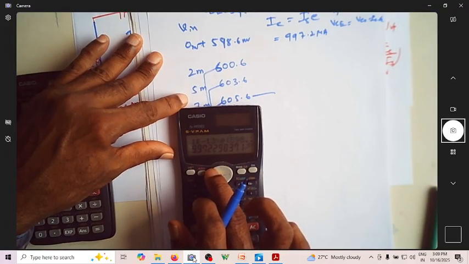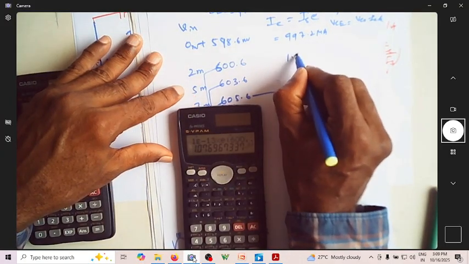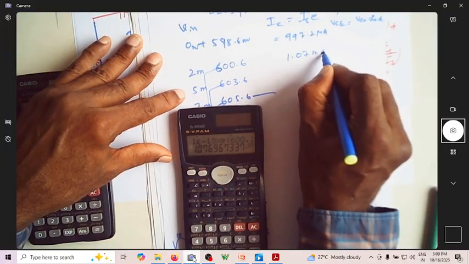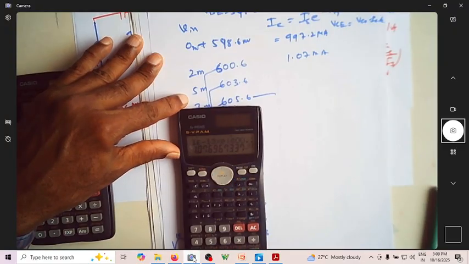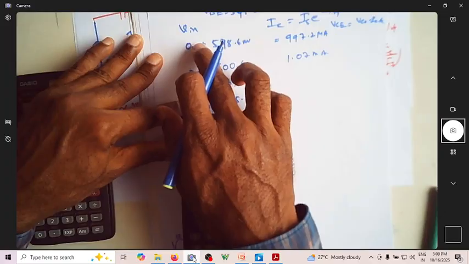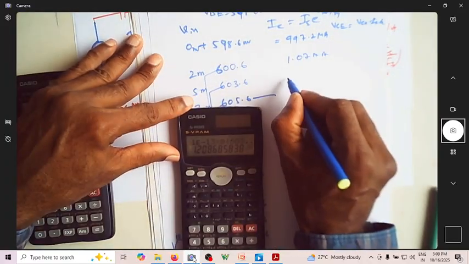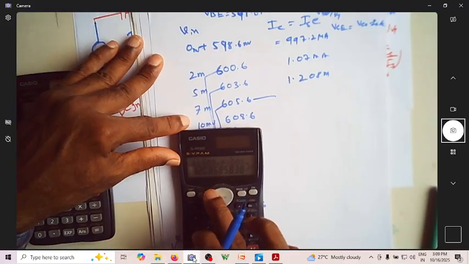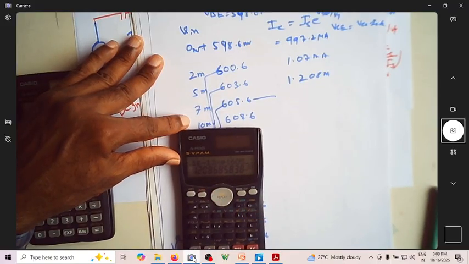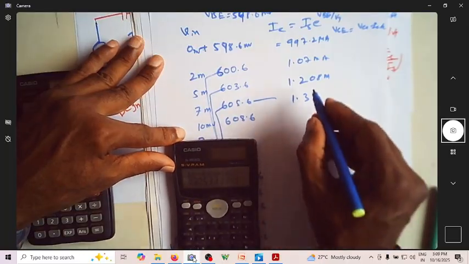Next, I will make this 600. You can see now it is 1.07 milliamperes. Now it is 603, and I'm trying to find, for different input voltages, what the current will be. The current is 1.208 milli, and if it is 605, it is 1.3 milliamperes.